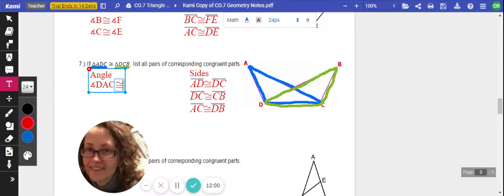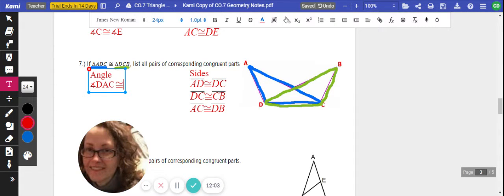Since I know that the blue triangle is going to be DAC, what I could do is compare that to the green triangle to give me 2, 1, 3, C, D, B. So I could say angle CDB.